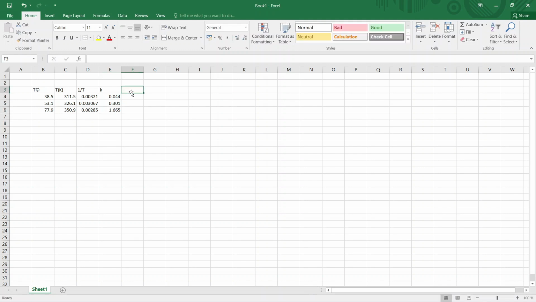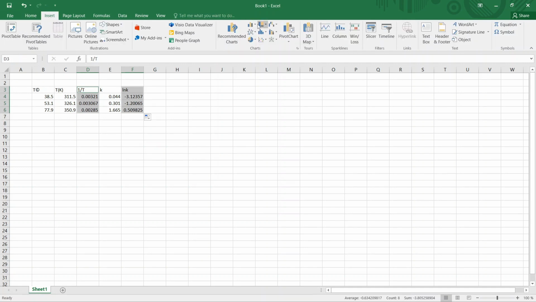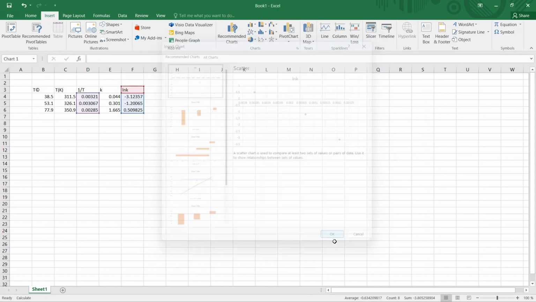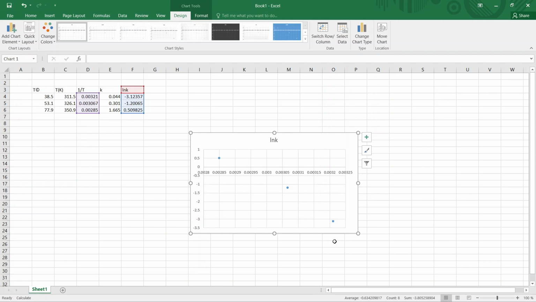Then we find ln K, so equals ln into brackets, then we drag again. So we are going to plot ln K against 1 over T. So ln K and then control 1 over T. We go to insert, recommended chart, use the scatter. So we have our plotted points.